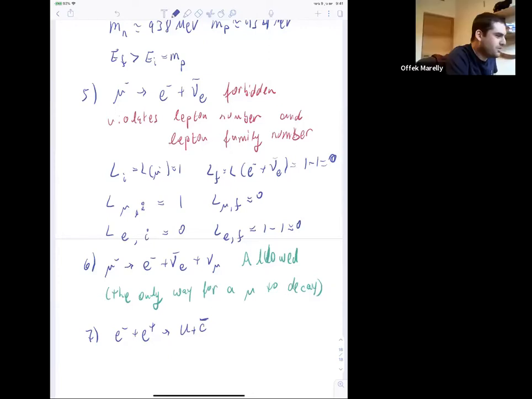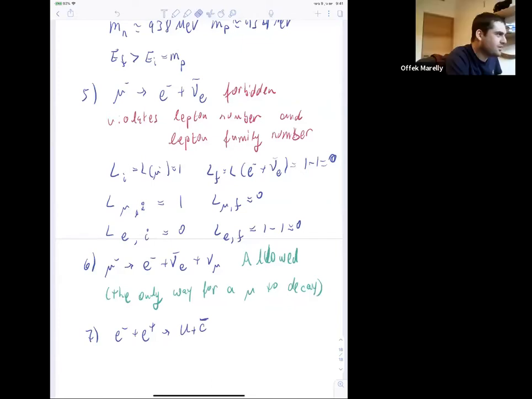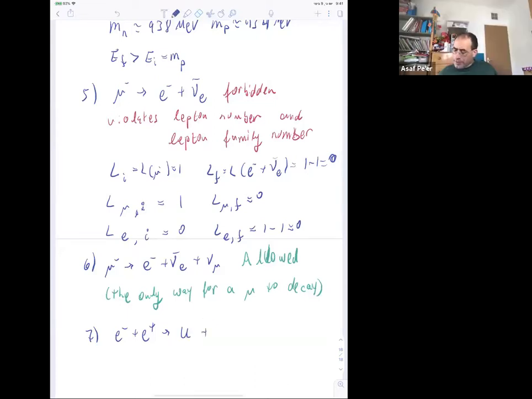When you put the plus, you mean the quarks are in a down state or not? No, I mean an up quark plus an anti-charm quark. You start with an electron and a positron. They annihilate and they end up with an up quark and an anti-charm quark. Can this occur in nature? No. Why not?